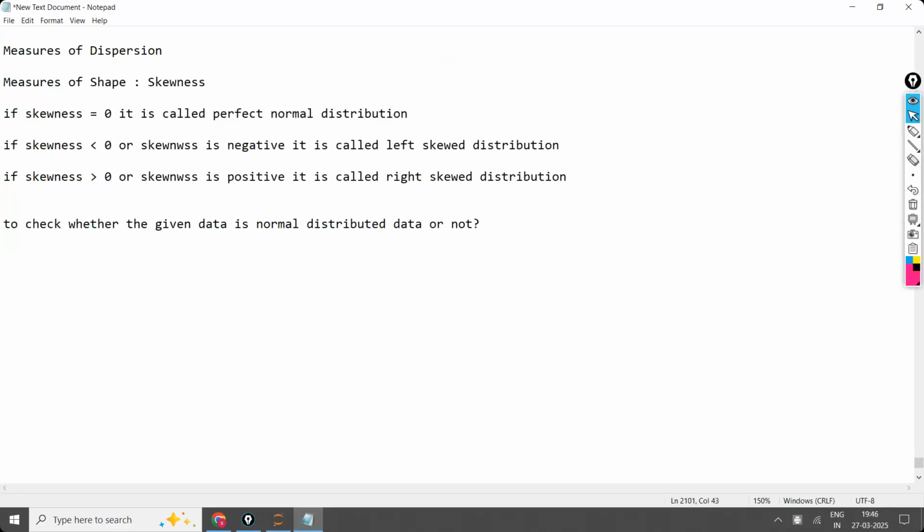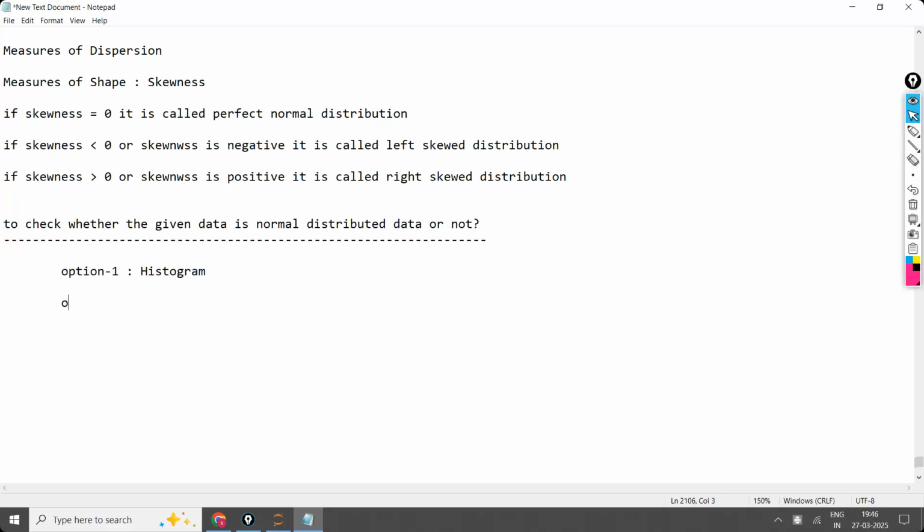For this, you have multiple options. Option number 1, using the histogram. From the histogram also you can say which side more amount of data is there and which side less amount of data is there.